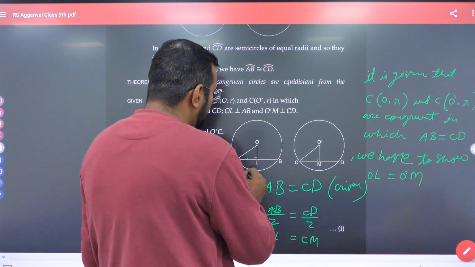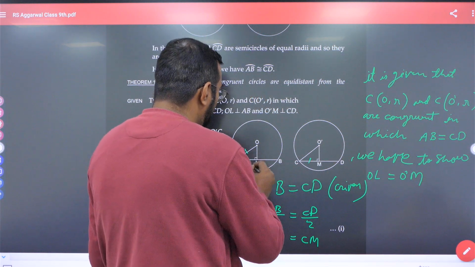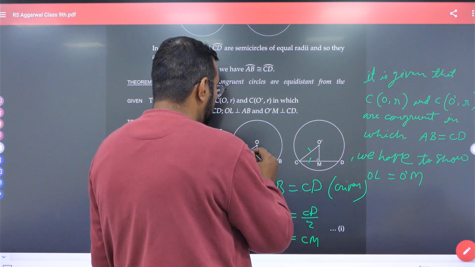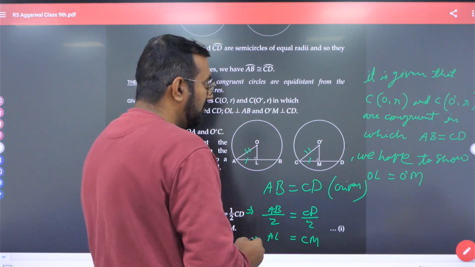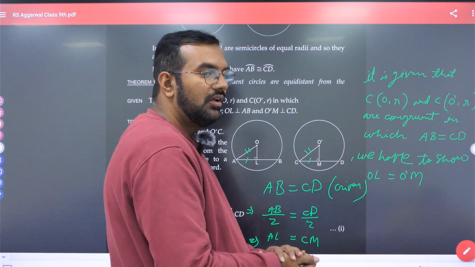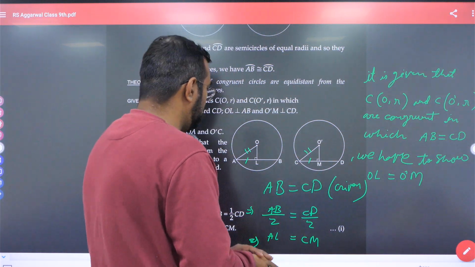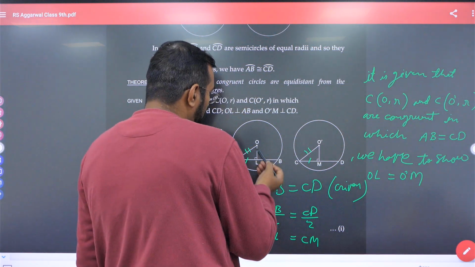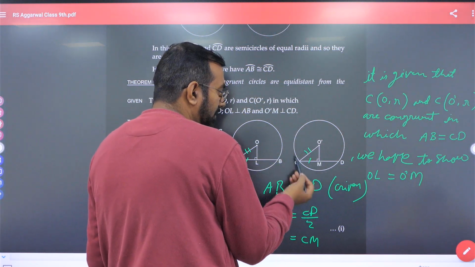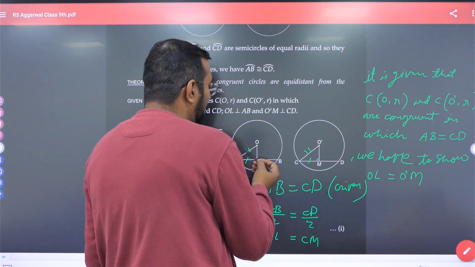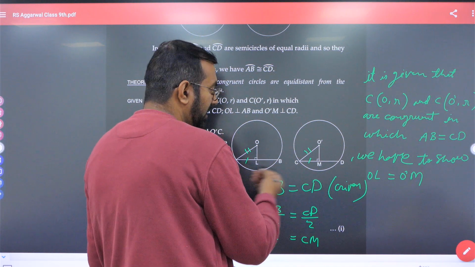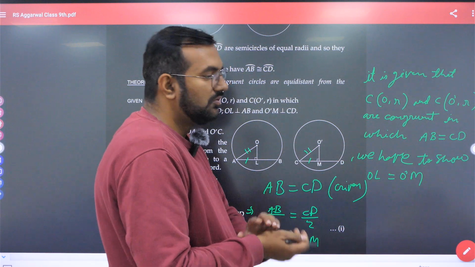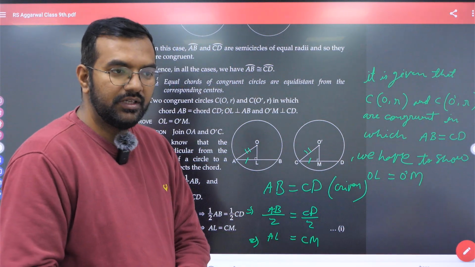So you can see that AL equals CM, and OA equals O dash C. Why? The radii are equal. And angle OLA equals angle O dash MC, each 90 degrees. So by right angle hypotenuse side the triangles are congruent. So by CPCT OL equals O dash M. Okay.